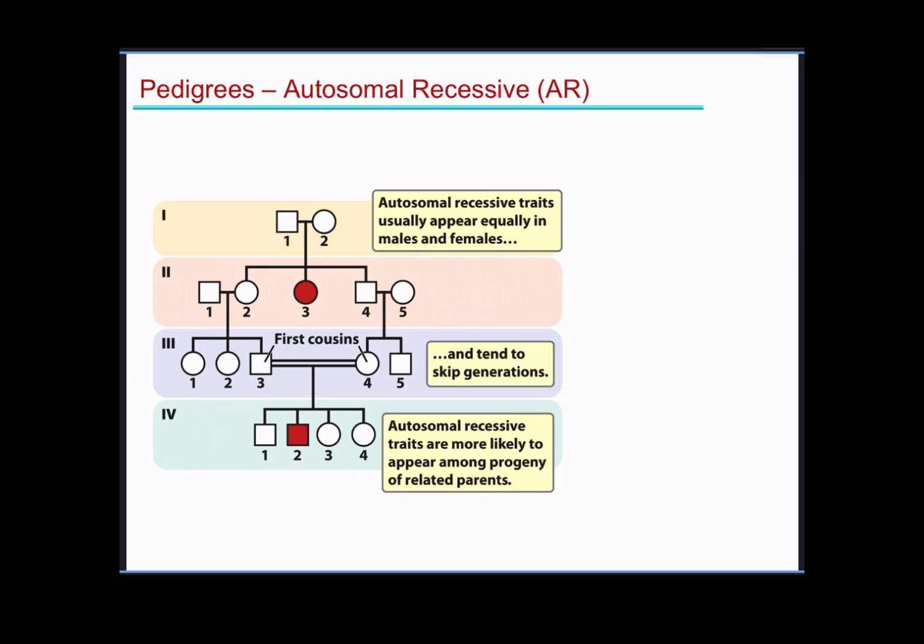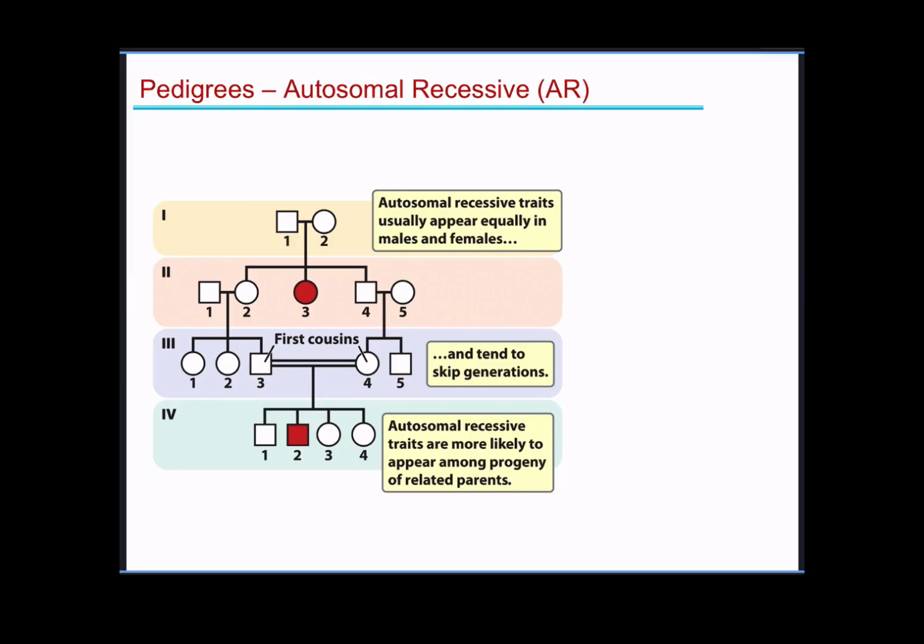One thing that I don't like about this slide and that you see a lot in text is this idea that autosomal recessives are more common when there is consanguinity. That is true, but I don't want you guys to walk away with the idea that you will only see it when there is inbreeding. That's not true, because there are many recessive alleles that are a lot more prevalent in the population, and you can have two individuals that are completely unrelated having children and then happen to be both carriers of these recessive alleles, so they may not manifest the condition, but they do carry one copy of these alleles.